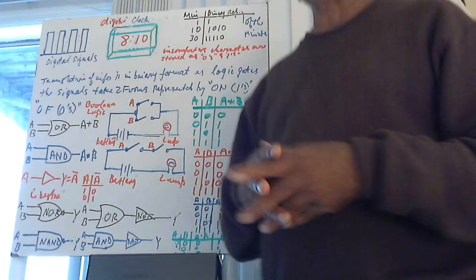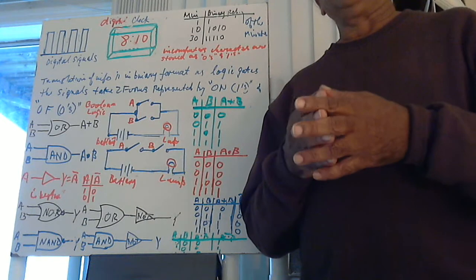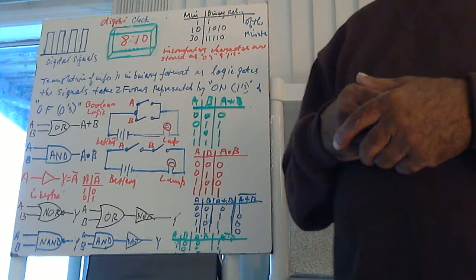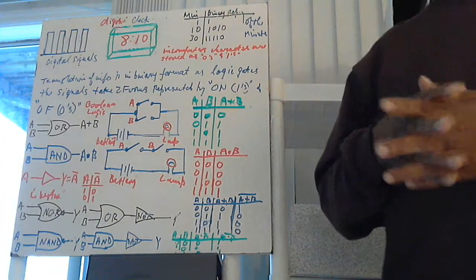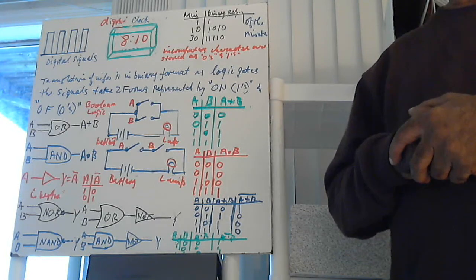Of course, there are disadvantages for the analog due to the effect of random noise, which can cause signal loss, and low impedance. Those are some disadvantages of the analog, and so on.